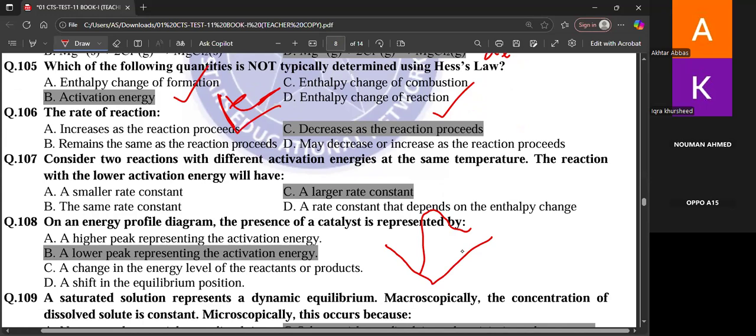I can make two diagrams for this: one without catalyst, and one with catalyst. With a catalyst, the activation energy is decreased, so a lower peak represents the activation energy with a catalyst. So your best option is B.